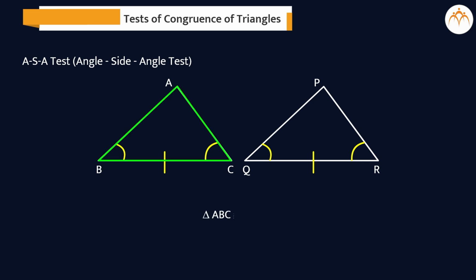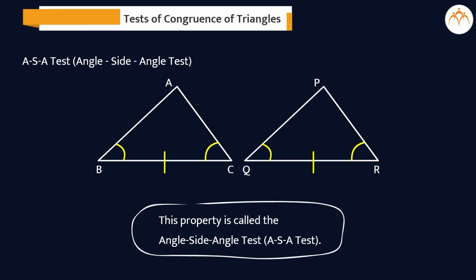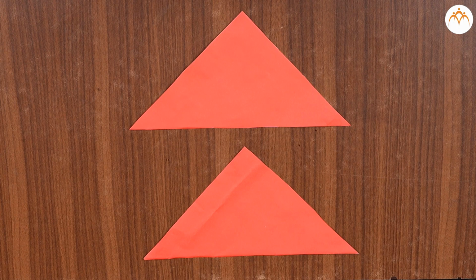Thus, triangle ABC and triangle PQR are congruent triangles, that is, triangle ABC is congruent to triangle PQR. This property is called the angle side angle test, that is ASA test.